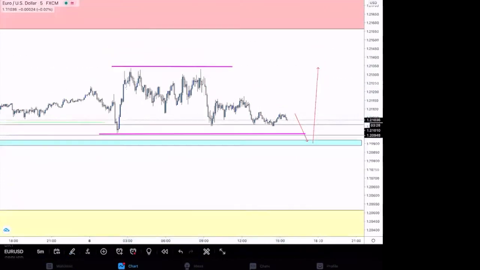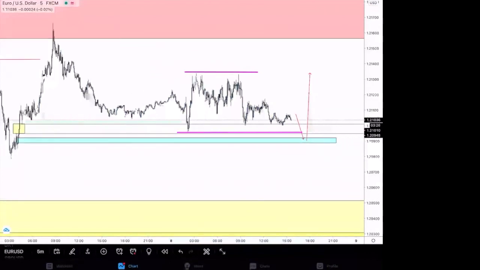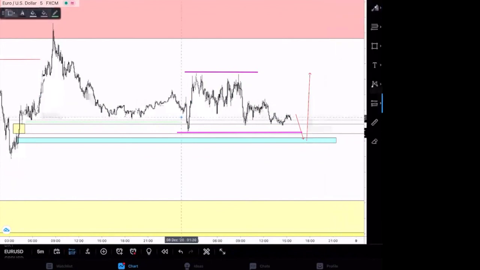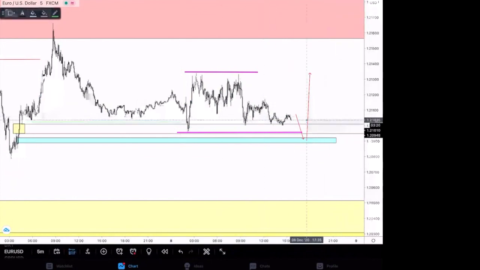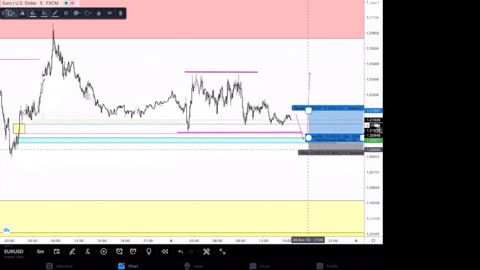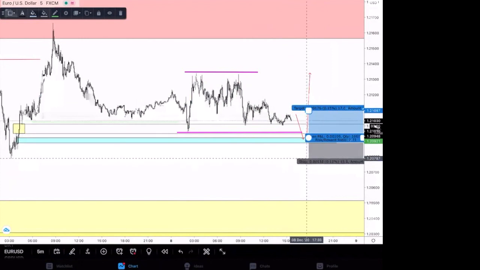So if we were to mark this up, what would we mark up? We use a long position, right? Because we're looking for the buy. We can play the opening of the imbalance. We can put our stop below the low, which is about 15 pips. You don't even need to play that low. You can play that low if you wanted to, which would be about 8 pips, which isn't bad.